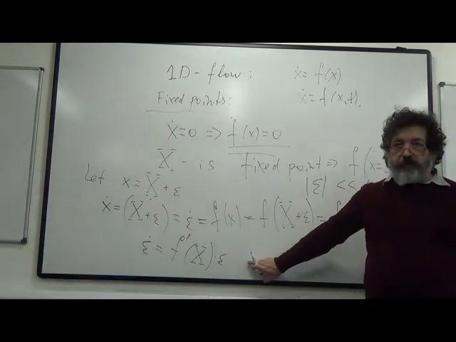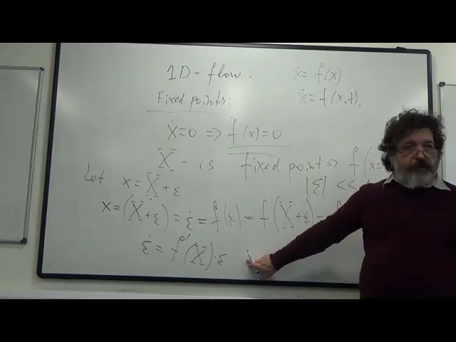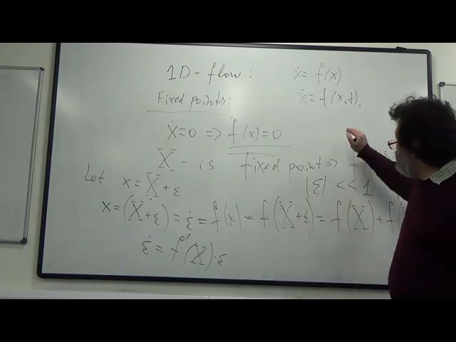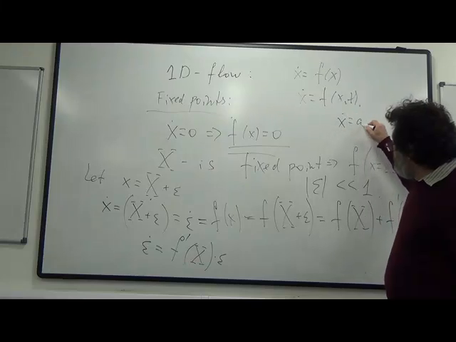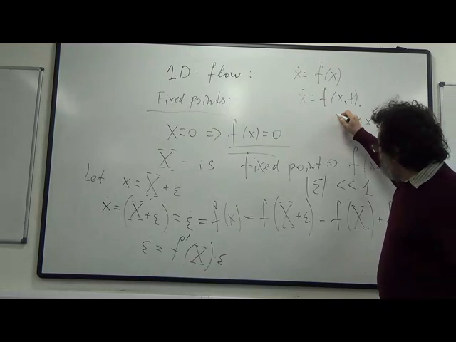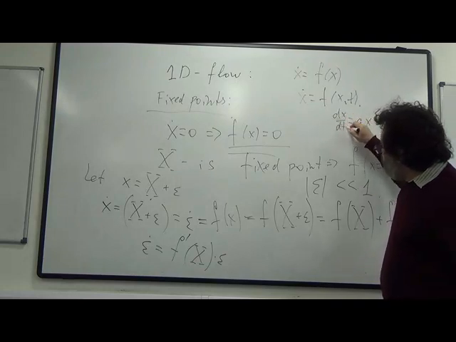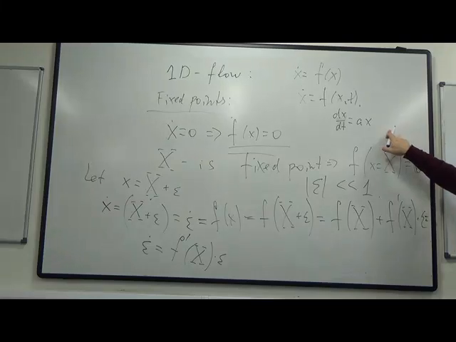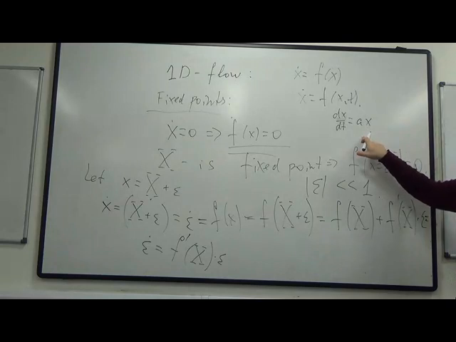Who knows how to find the solution for this? Raise your hands. No. It is the same as x dot equals a times x, or dx over dt equals ax. You can solve this, yeah? You don't remember?